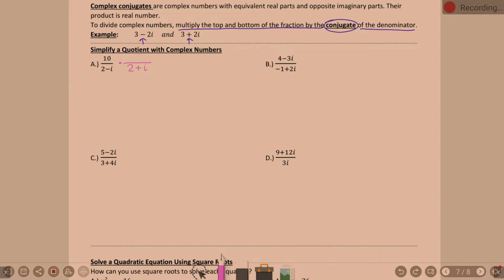If you multiply the denominator by 2 plus i, guess what? We multiply the numerator by 2 plus i. Remember, what we do to the denominator, we always do to the numerator. Because as long as you're doing the same, you're not changing the value, just multiplying by 1. And we're going to do the math here for it.